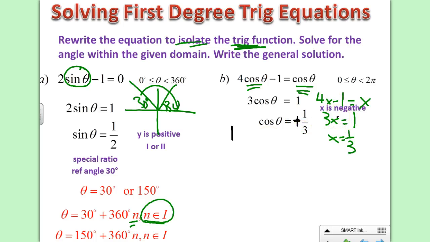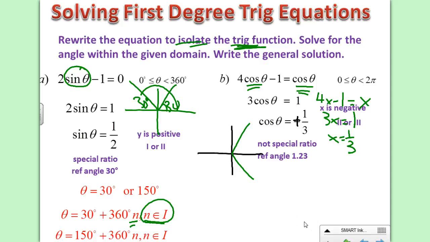So if I'm doing the CAST rule, this is in quadrants where cosine is positive, which would be in 1 and 4. When is cosine equal to 1/3? Well, we don't have a special angle for that. Oh wait, and it says between 0 and 2 pi, right? So we're dealing with radians, so we've got to make sure your calculator's in radians. So I'm in quadrants where it's positive, so I get my reference angle is 1.23.